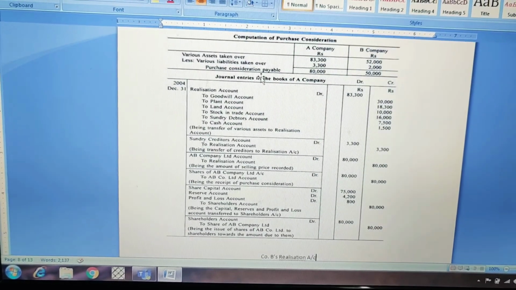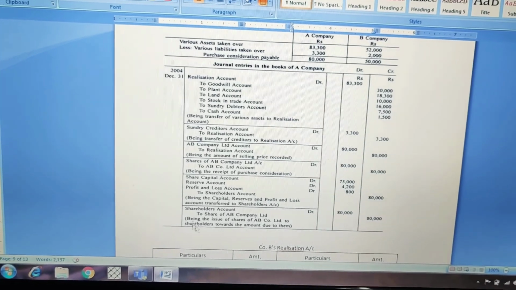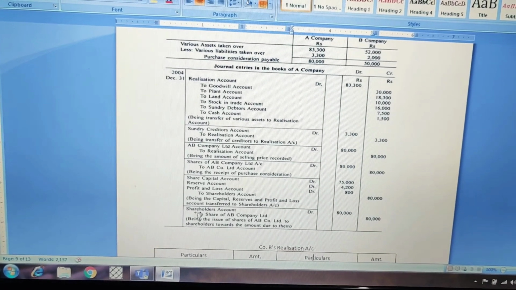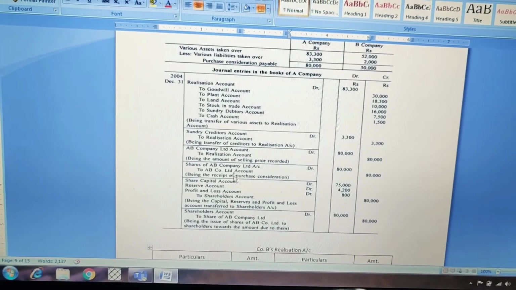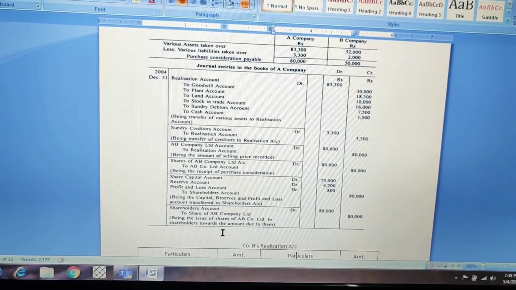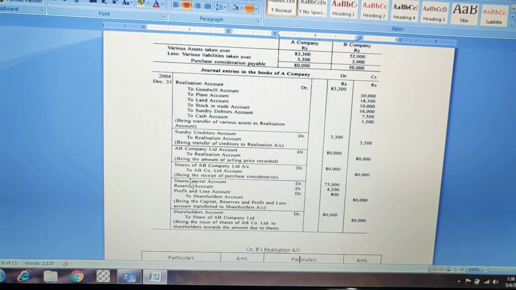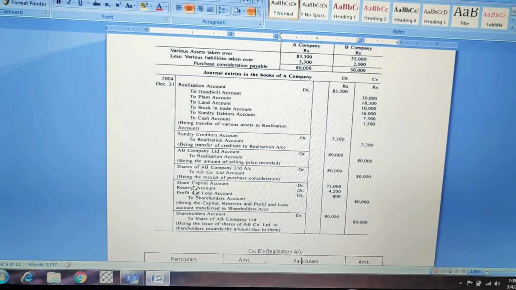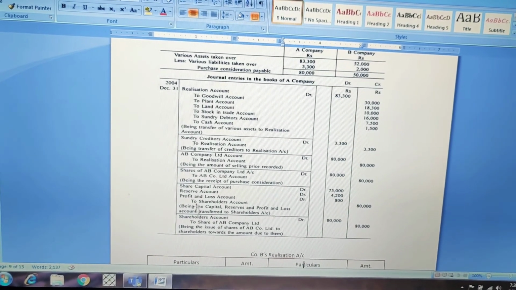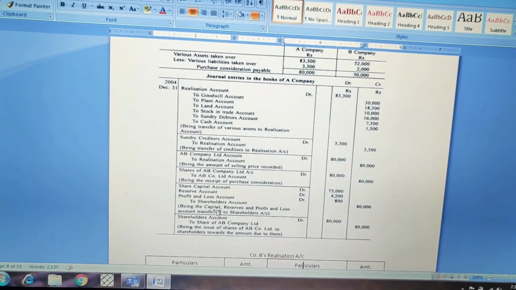So just pass the journal entry shareholders account to shares of AB Company Limited. They will get the 80,000 worth of equity shares from AB Company Limited. Clear? And here in the equity shareholders account, we have passed their capital account, reserve account, profit and loss account on the credit side.